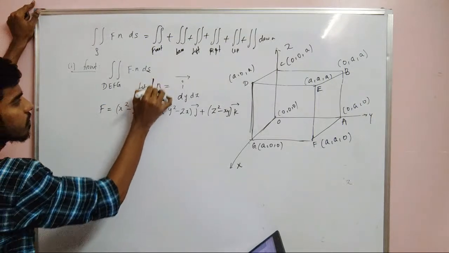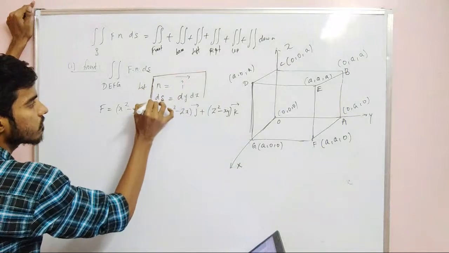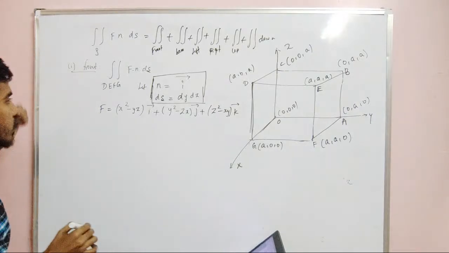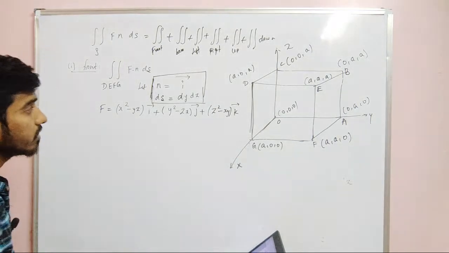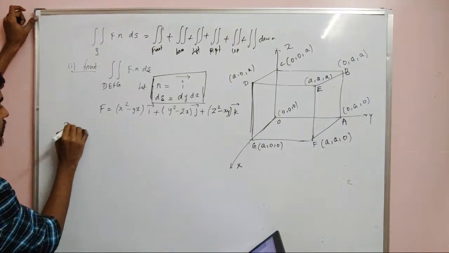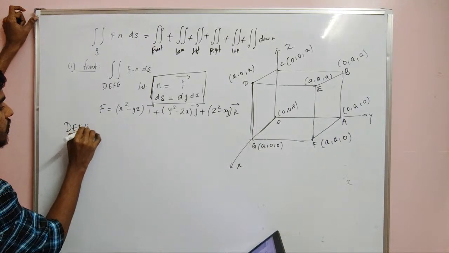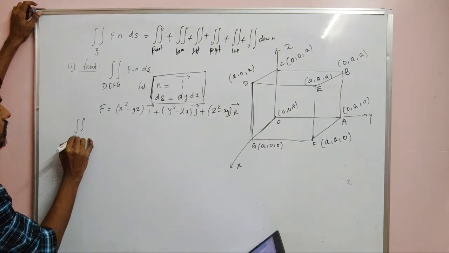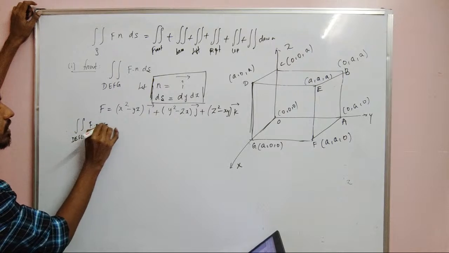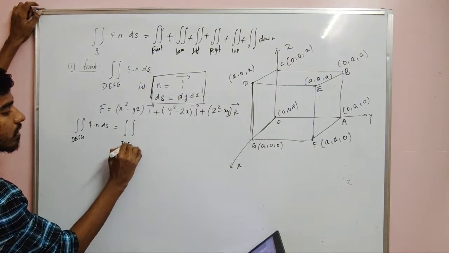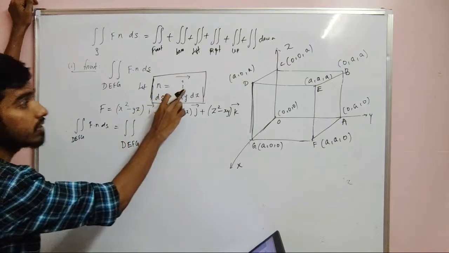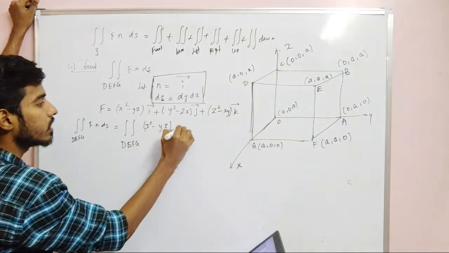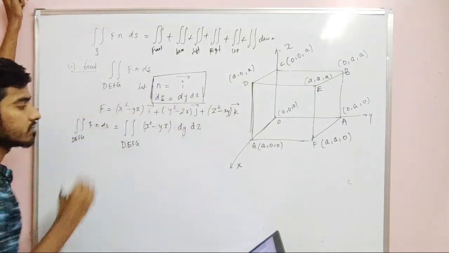Now these are the conditions that we need to start with. n is equal to i and dS is equal to dy dz, and now we need to find the limits, right? We are evaluating over D, E, F, G. So first we will find the double integral over D, E, F, G of F dot n dS. n is i, so F dot n will be x square minus yz, and dS is dy dz, right?